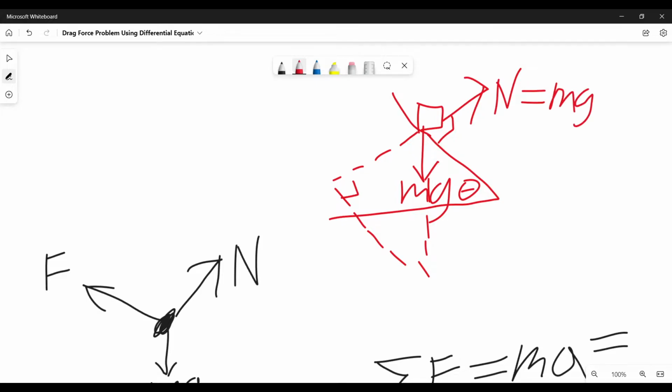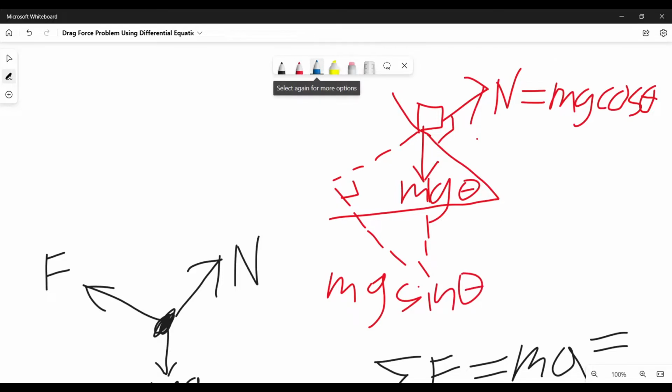That is where we got that from, because if you look again at the complementary angles, you'll see that is the case. Since that is the case for the vertical direction perpendicular to the slope, the complementary trig function is mg sine theta, of course, and this is for the direction parallel to the slope.